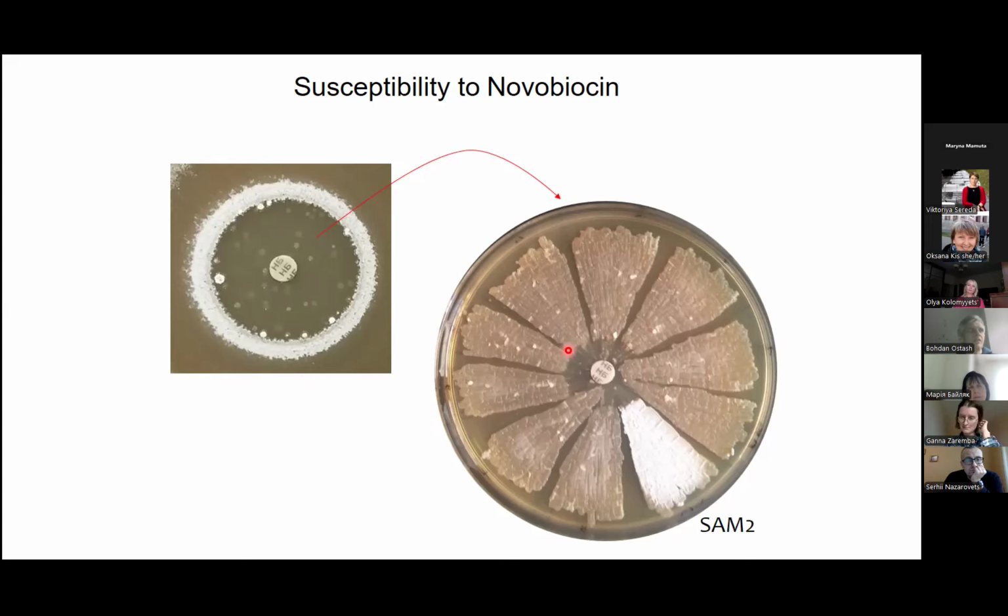So cells of Streptomyces are able to switch on some mechanism to go into a deep sleep for some time until the antibiotic decomposes on the plate, and then they regrow. This was described for several pathogenic bacteria.